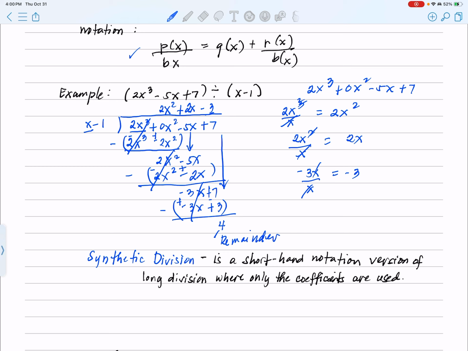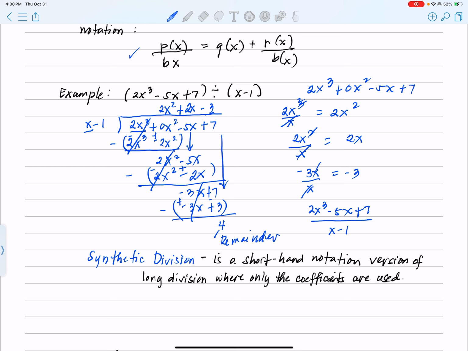Okay, let's write down our answer here. 2x cubed minus 5x plus 7, and then divided by, we can rewrite that this way, x minus 1.